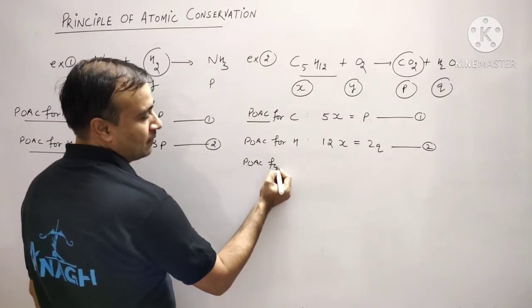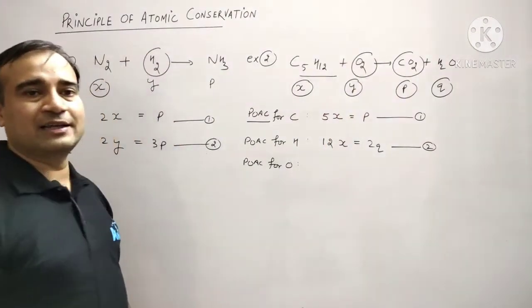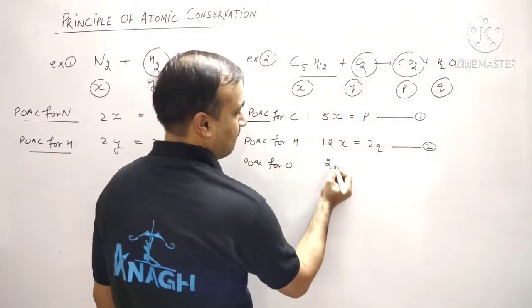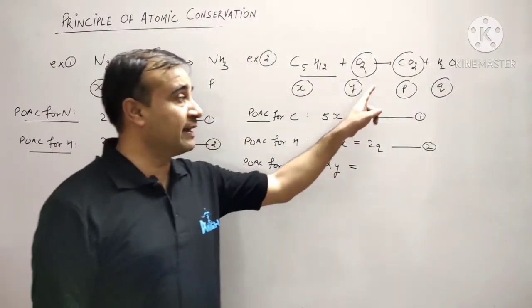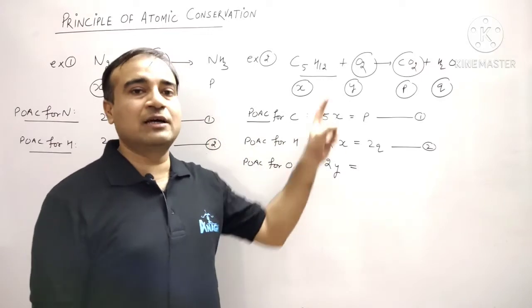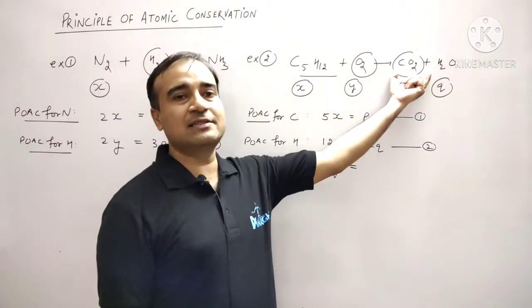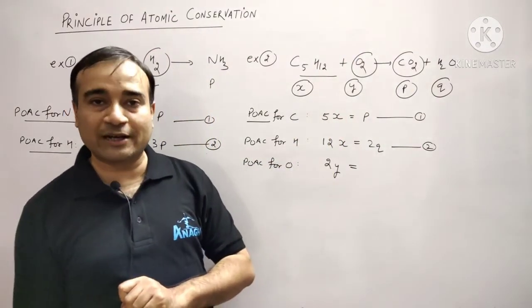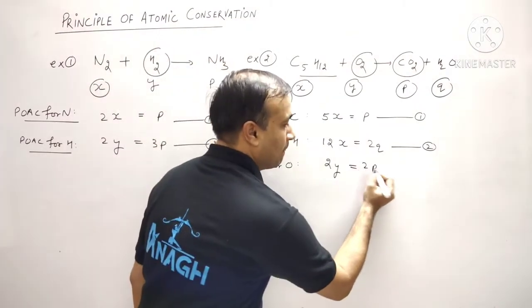POAC for oxygen. Y moles of O2 molecules are there. What will be the number of oxygen atoms? It must be 2Y. But on the product side, take it carefully that both the products contain oxygen atoms. The atomicity of oxygen in CO2 is 2. So, what will be the number of moles of oxygen atoms in P moles of CO2? It must be 2P.